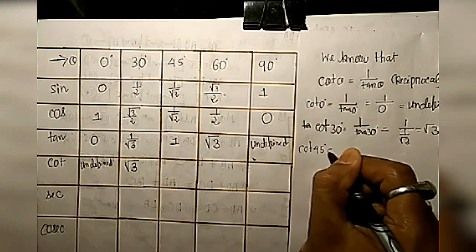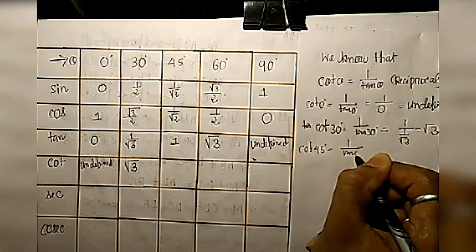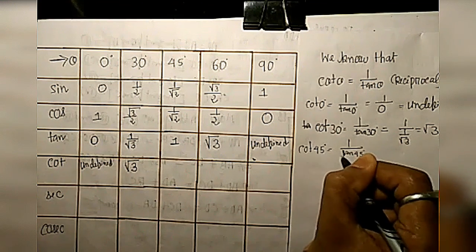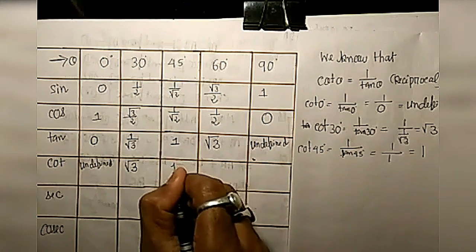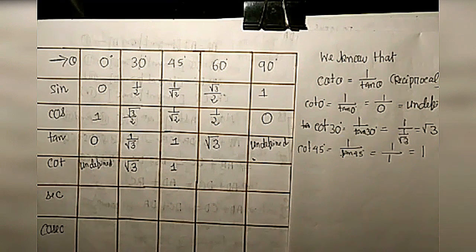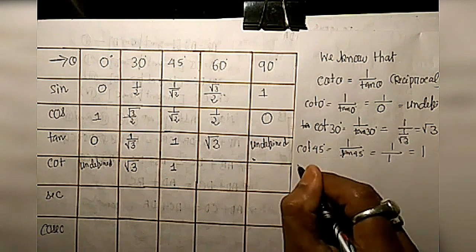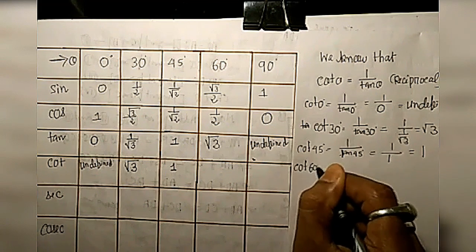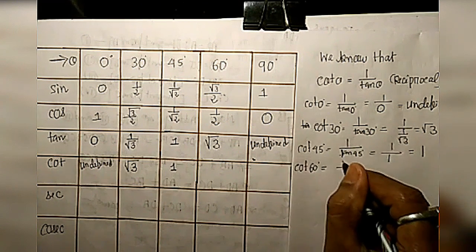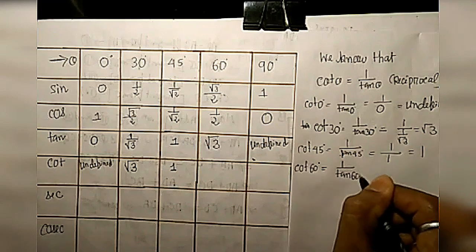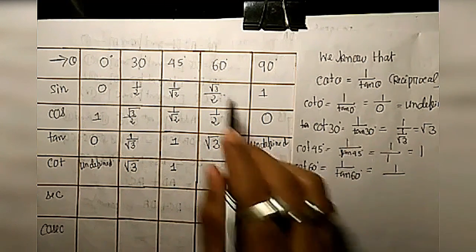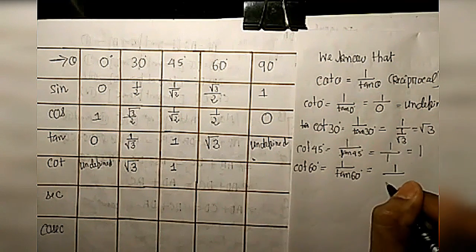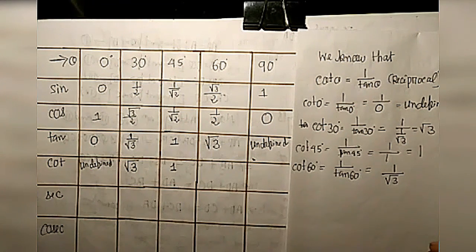Then cot 45 degree is 1 by tan 45. The value of tan 45 degree is 1, so 1 by 1 equals 1. So cot 45 is 1. Next, cot 60 degree equals 1 by tan 60 degree. Tan 60 degree is root 3, so it is 1 by root 3.